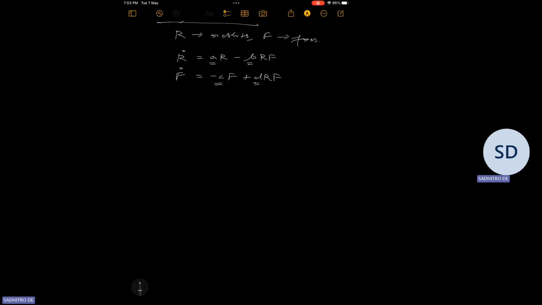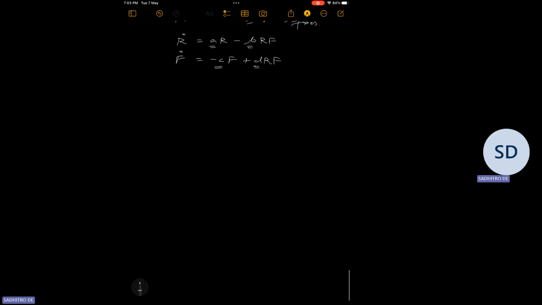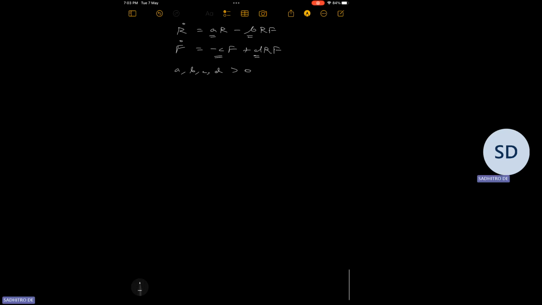So this is a very simple predator model, and moreover, this is not physical in many regards, but nonetheless, it forms a simple model for studying predator dynamics. So we assume that the model parameters A, C, D, and E are all greater than 0.